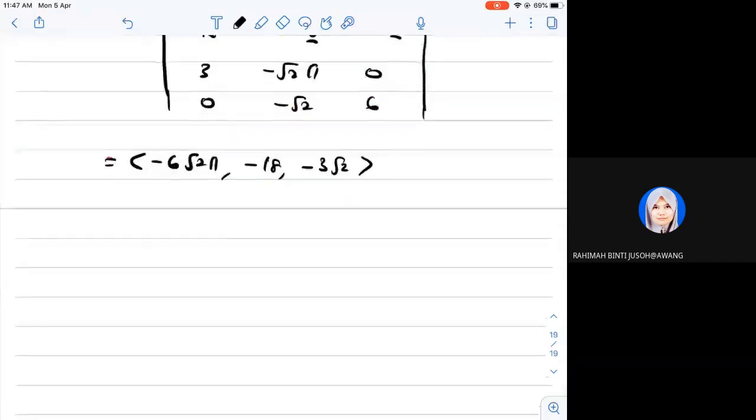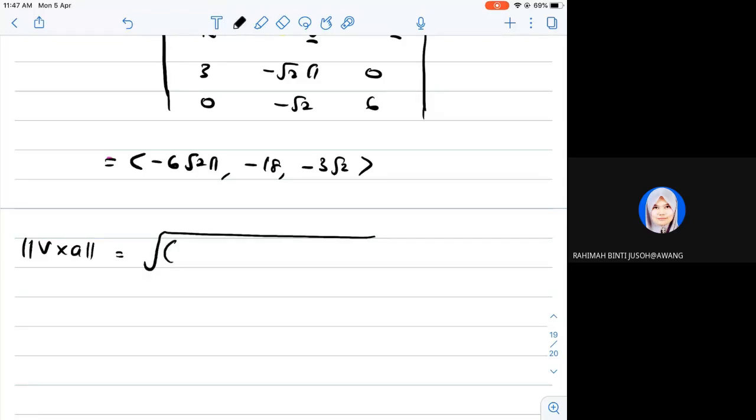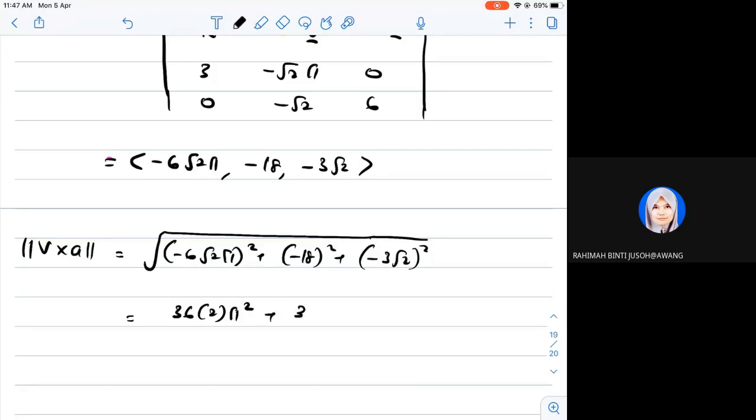Alright. So the modulus of V cross A, you have to square it. Square root 2, sorry, pi squared plus negative 18 squared plus negative 3 square root 2 squared, like that. So we will have 6 squared, 36 times 2, 36 times 2 pi squared, plus 18 squared is 324, isn't it?